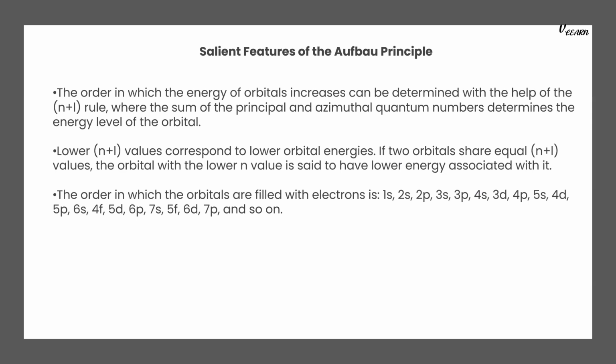A lower n value is considered the lower energy level, and a higher n value the higher energy level. So the orbitals with the lowest energy have to be filled first, and only then will electrons move on to the higher energy level. So it will follow this order: 1s, 2s, 2p, 3s, 3p, and so on.